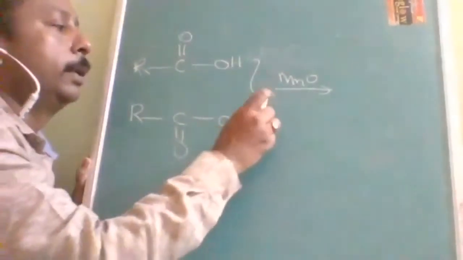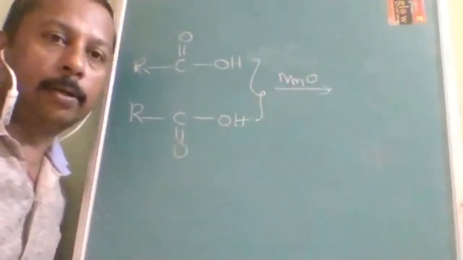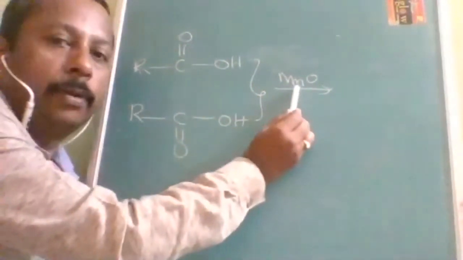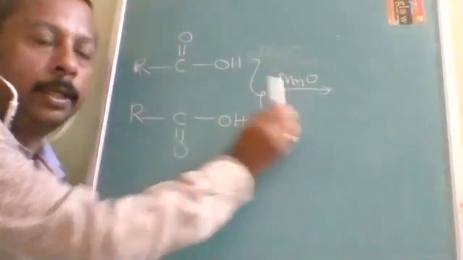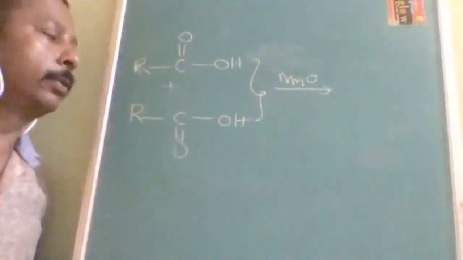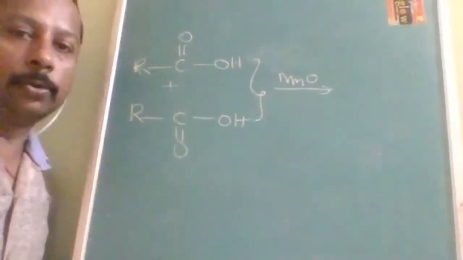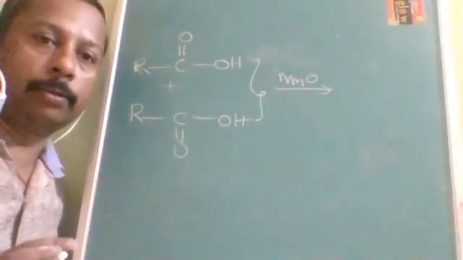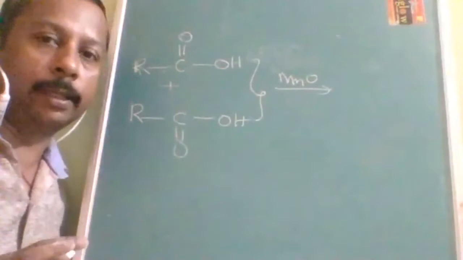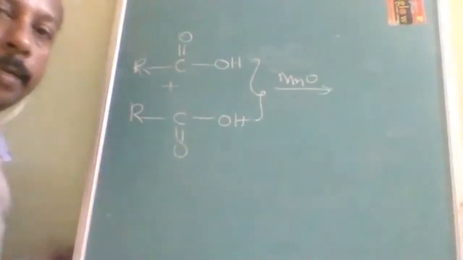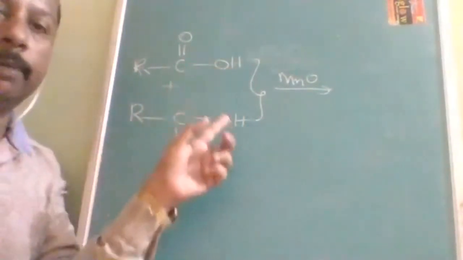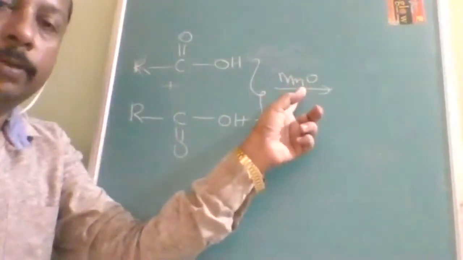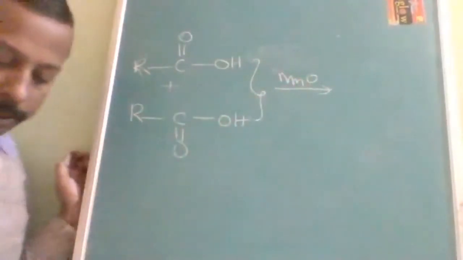Here the catalyst we are going to use is manganese oxide. Here also 2 moles only. But we are not using calcium salt and we are not using dry distillation. Instead of salt, we are using acid, and instead of dry distillation, we are using manganese oxide, MnO.